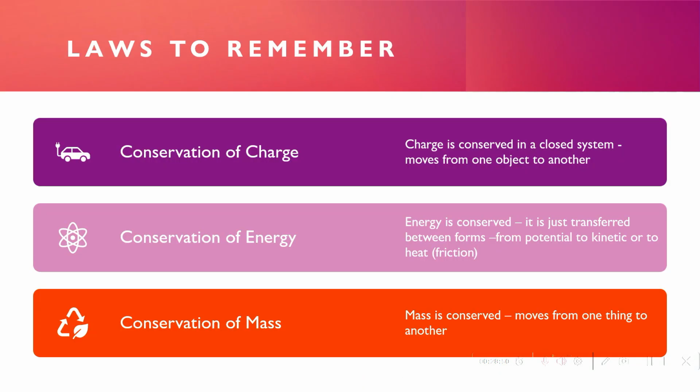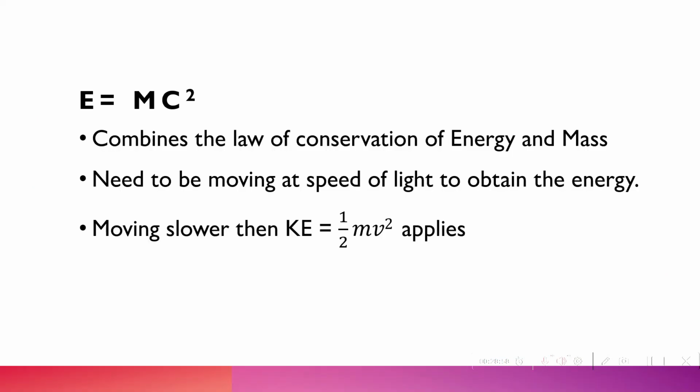Okay, things to remember. Conservation of charge. Charge, remember, is always conserved. Conservation of energy. Conservation of mass. E equals mc squared combines the idea of energy and mass. So if I combine a proton and an antiproton, they're going to annihilate each other, and from that annihilation of mass, I am going to get energy.